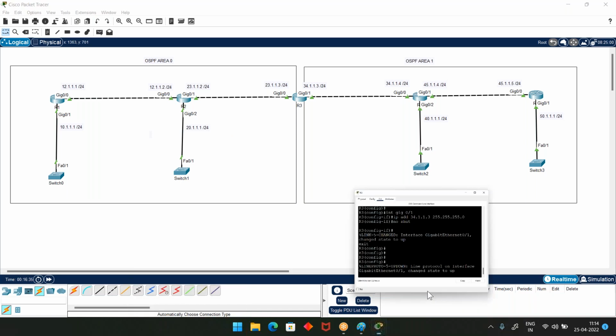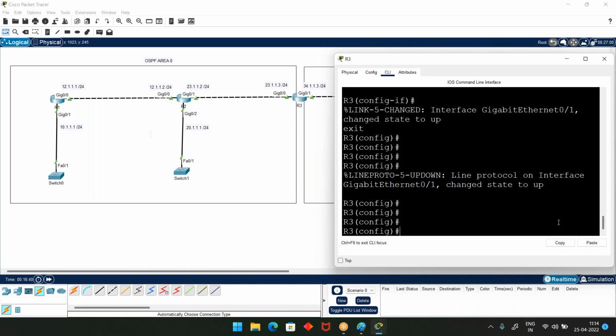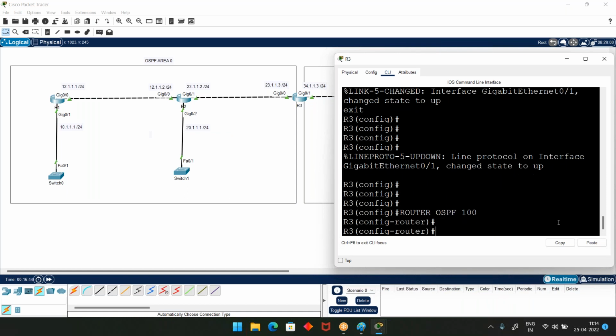Now let's go to the R3 this time. Let's try to carefully understand here now. Router OSPF 100 now. Network 23.1.1.0 wildcard bits. Now tell me, this 23.1.1 network belongs to which area here?